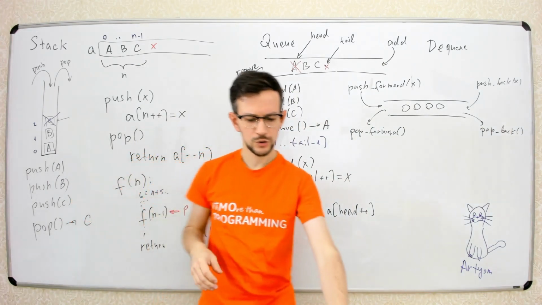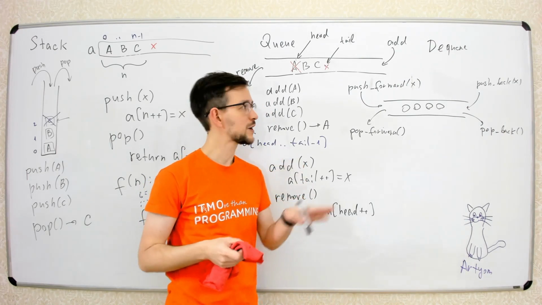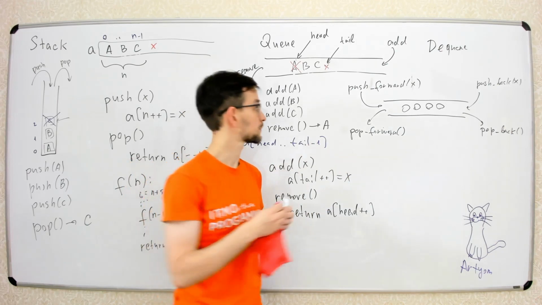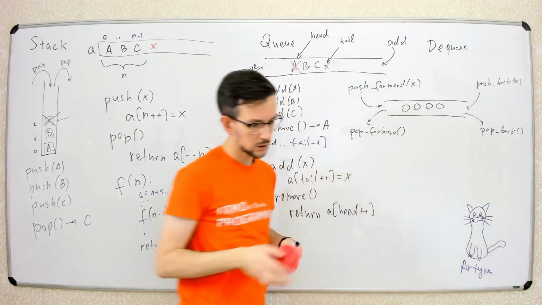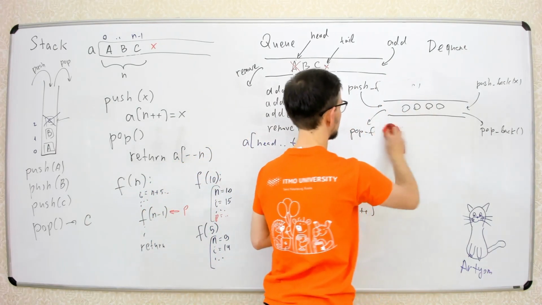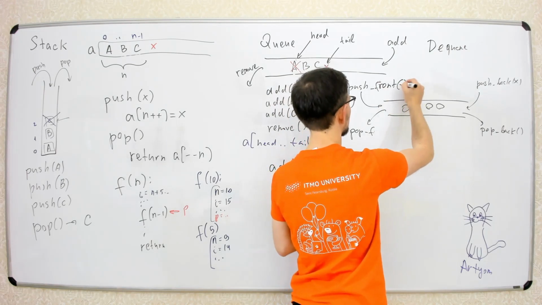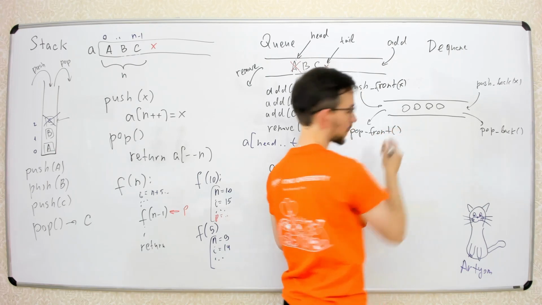So when you're not sure what data structure you need, you may just use deck. You can add and remove elements from both ends of this list. Push front, yes, my bad.